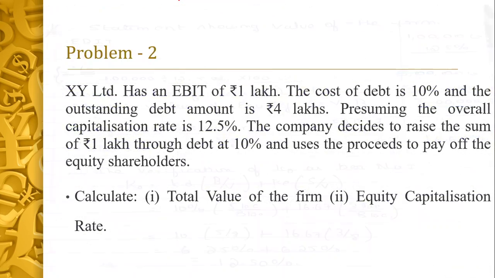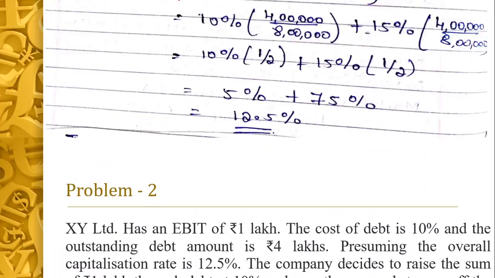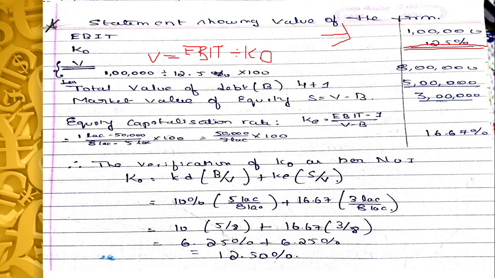What is the total value of debt? 4 lakh. Look here properly. This is not correct. It only stands at 4 lakh. Now, if I give everything the same way, it would be difficult for you all.